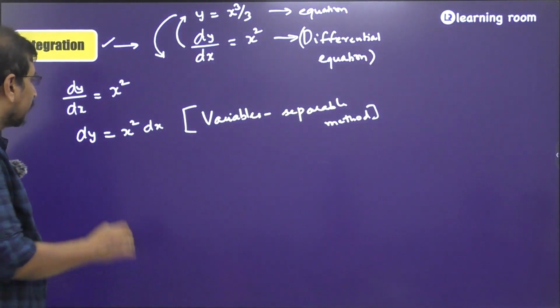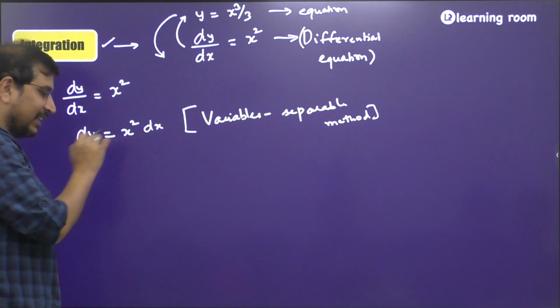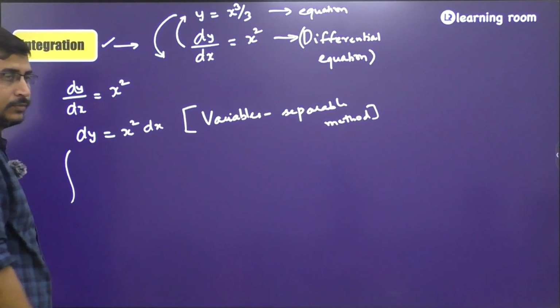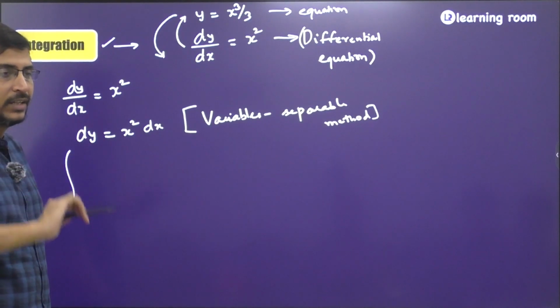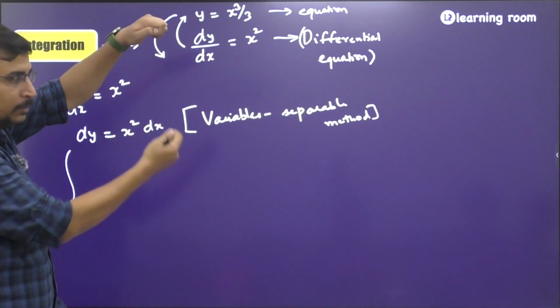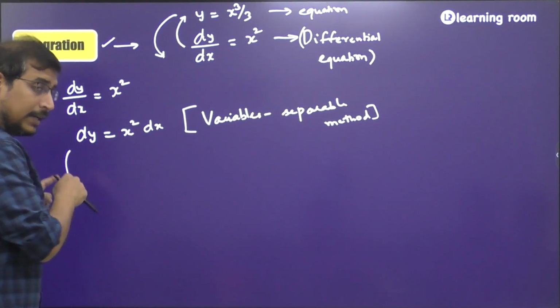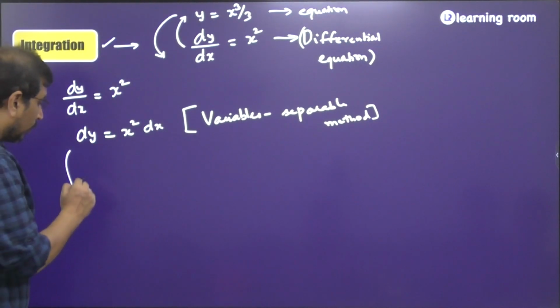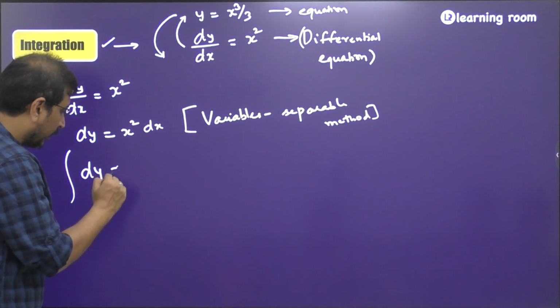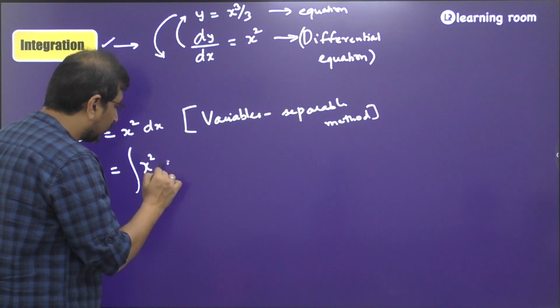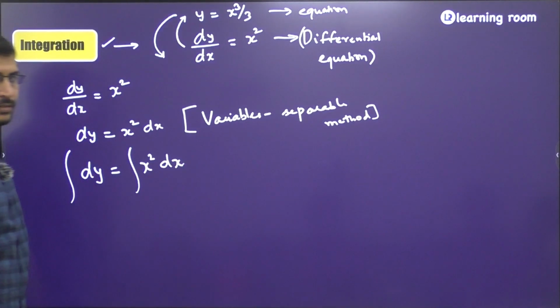Okay. So if I need to eliminate this d, then I need to use an operation like this, which looks in the form of an elongated s. If you take s and pull it, you will get a symbol, and that symbol is read as integral of dy is equal to integral of x square dx.